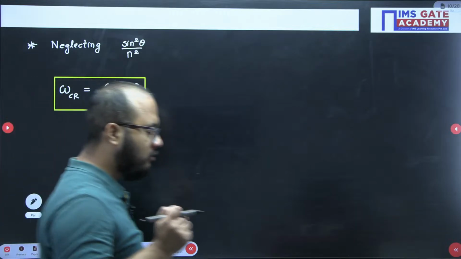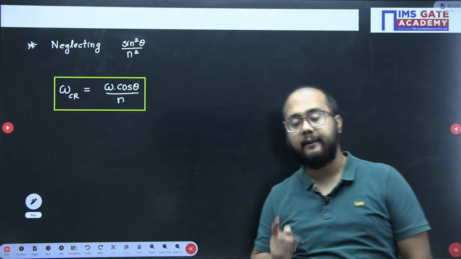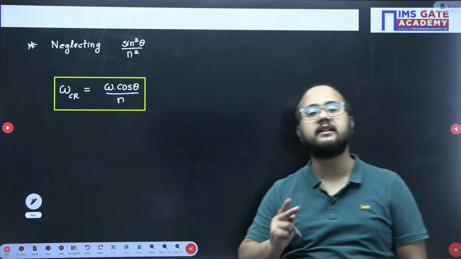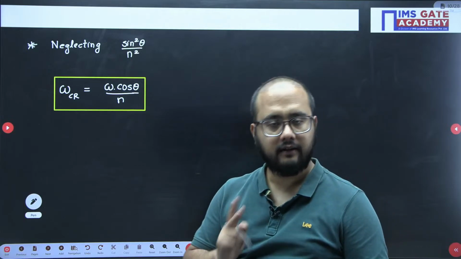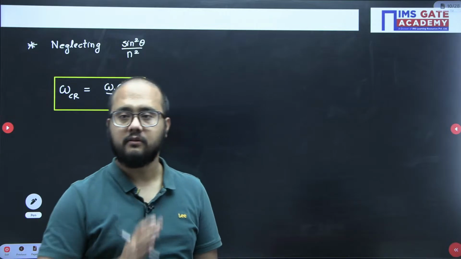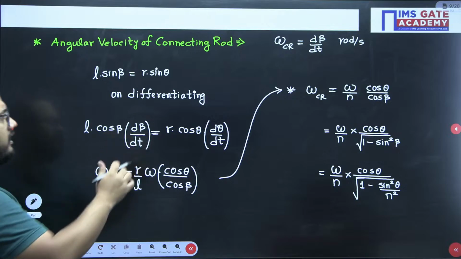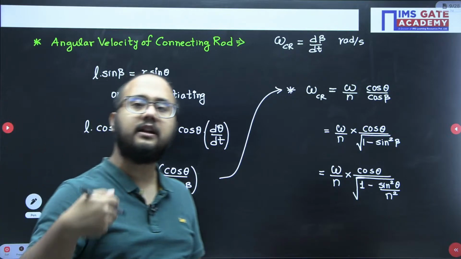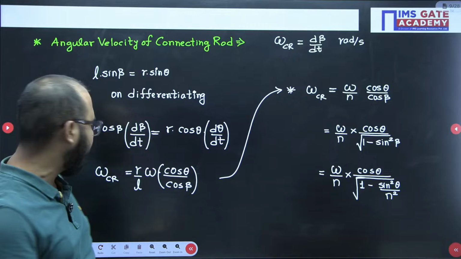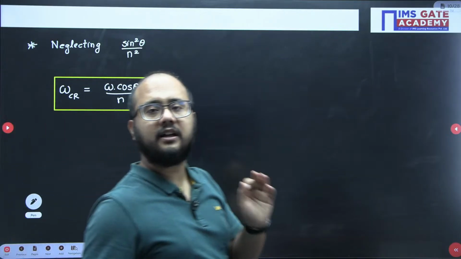So important note points were: at dead center slider velocity is 0, but at dead center acceleration is maximum. Right? So these are the important points in this analysis you need to remember. As I've calculated angular velocity of connecting rod, similarly you can calculate angular acceleration of connecting rod. For that, just differentiate this omega of connecting rod with respect to time.